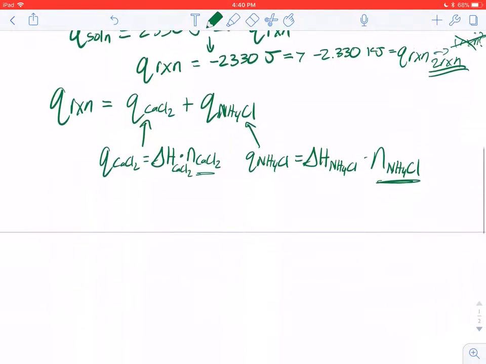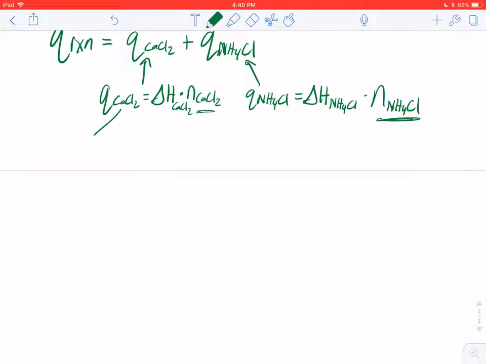So now let's see what information we know about each of those. So over here we can see the Q of my calcium chloride is going to be equal to the enthalpy change for my calcium chloride, which is negative 82.9 kilojoules for every mole of calcium chloride.